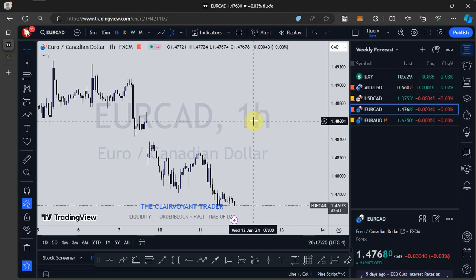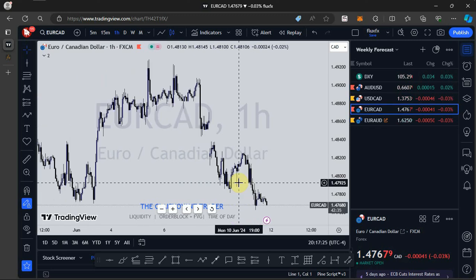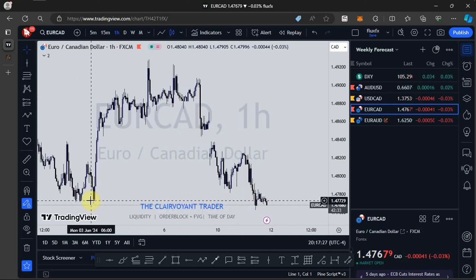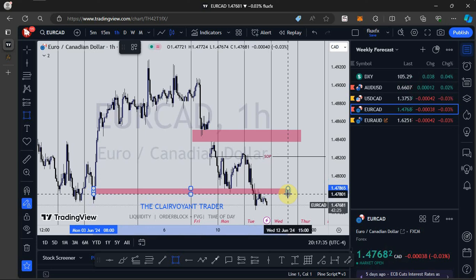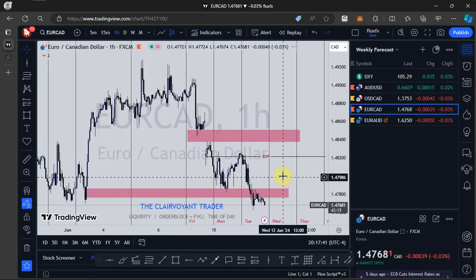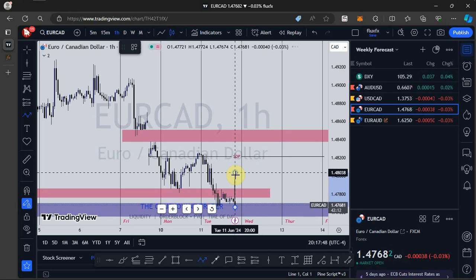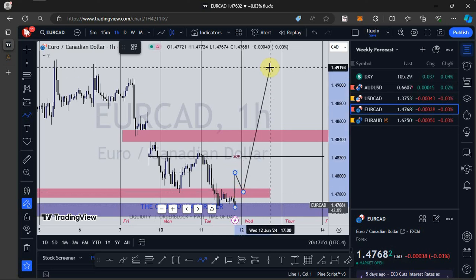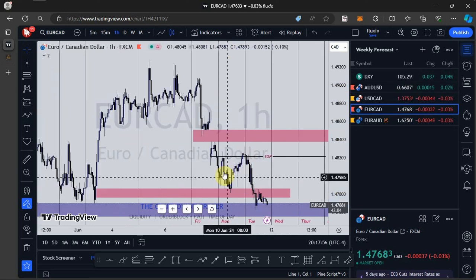But as at the time of this recording, we've taken out this low right here, and price has closed below this low. So I'll now expect to see price continue to push to the downside, unless we see price coming back up here and closing above this zone. That is where we see price push up. But so far as price is moving, I'll expect to see price push down.